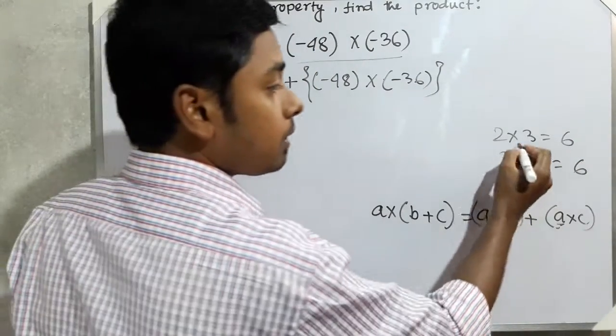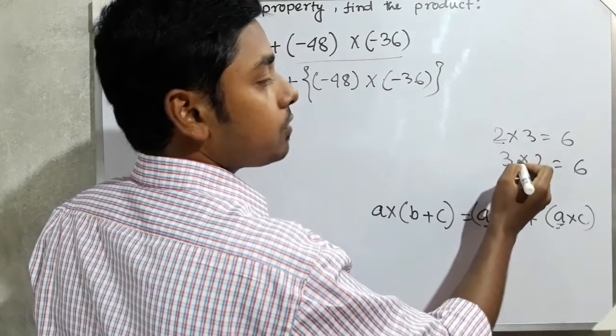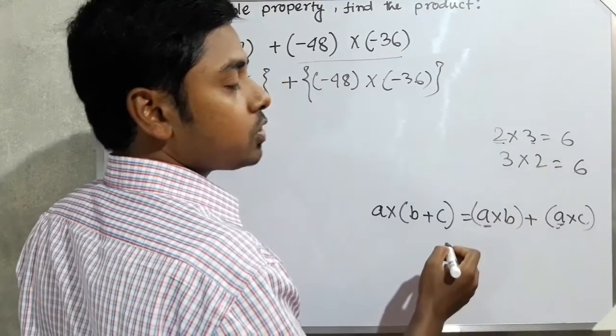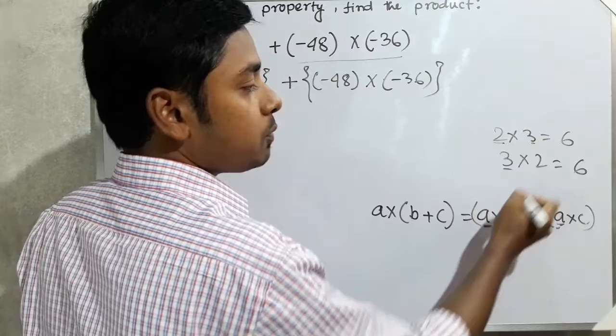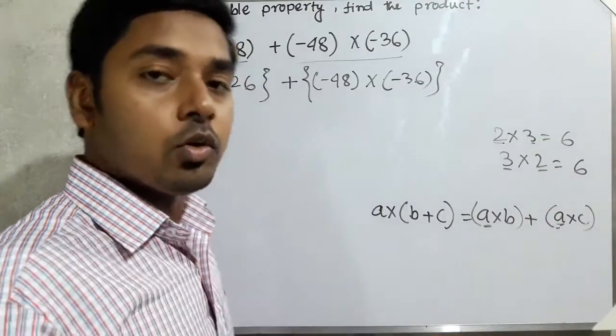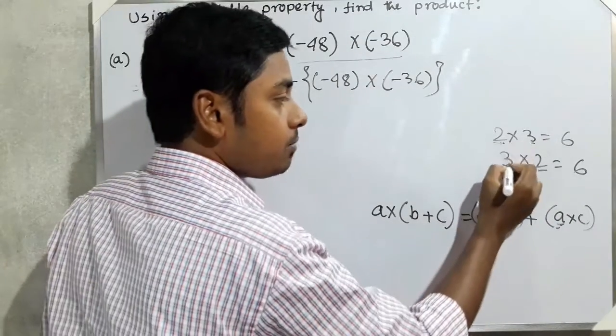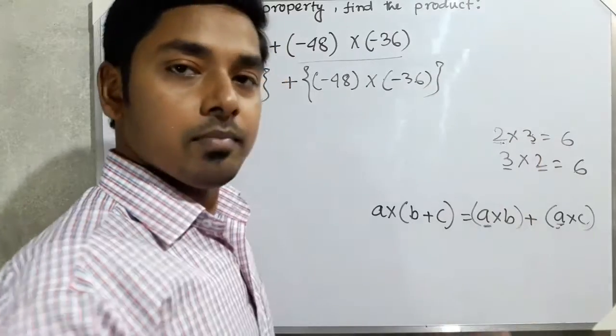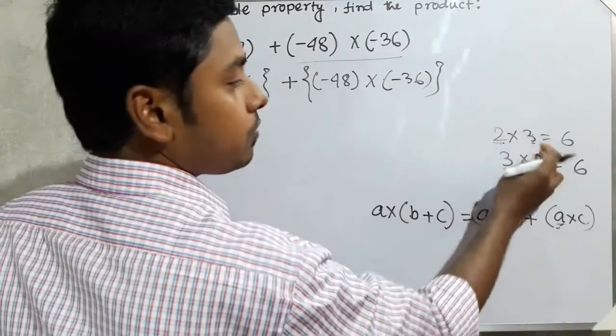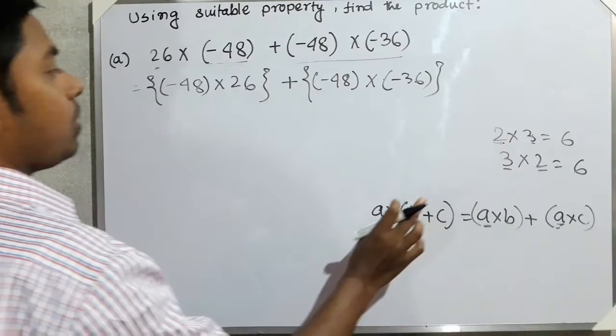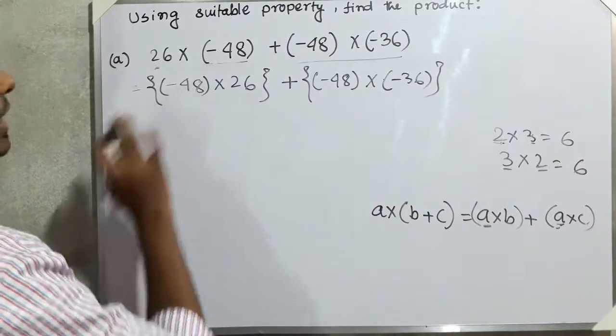So there is no problem wherever you write the number, in the first position or the second position, but this number should be the same. You can change the position at the time of multiplication only. So we have written it like this.